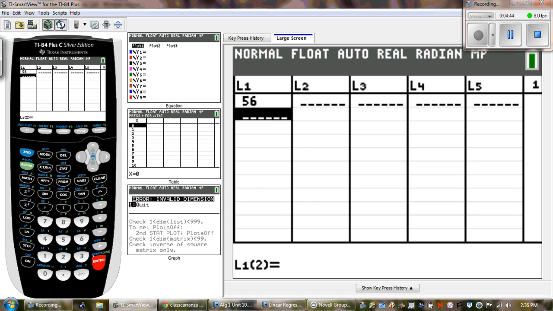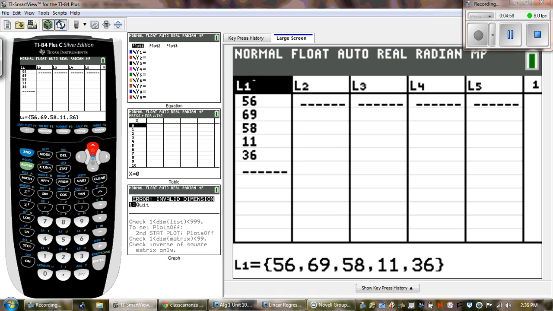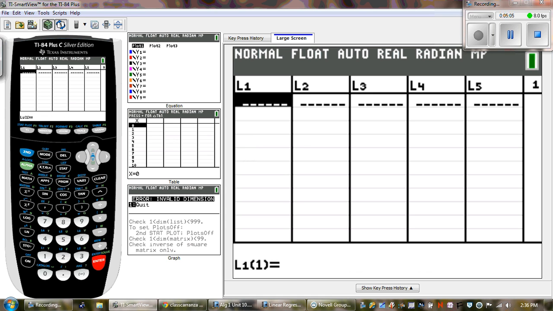If you've got a bunch of information in yours and you're like, Mr. Grice, how do I get rid of all that? I don't want it there. All I'm going to do is move to the very top and see how L1 is highlighted. I'm going to hit the clear button and I'm going to hit enter. Okay, and that gets rid of all of that information for me.